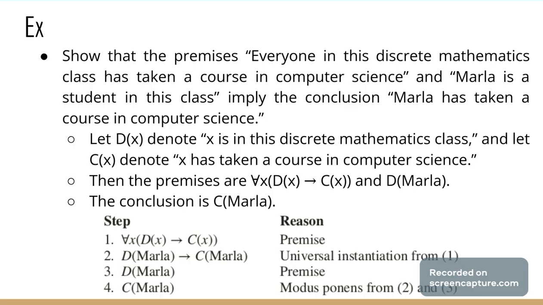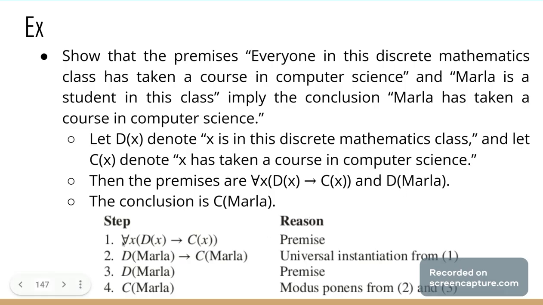students in the class. Then we have the next premise, Marla is a student in this class. So this is an instance of x is in this discrete mathematics class. So D of Marla is the second premise. Now look at this. We have for all x, D of x implies C of x, and D of Marla.